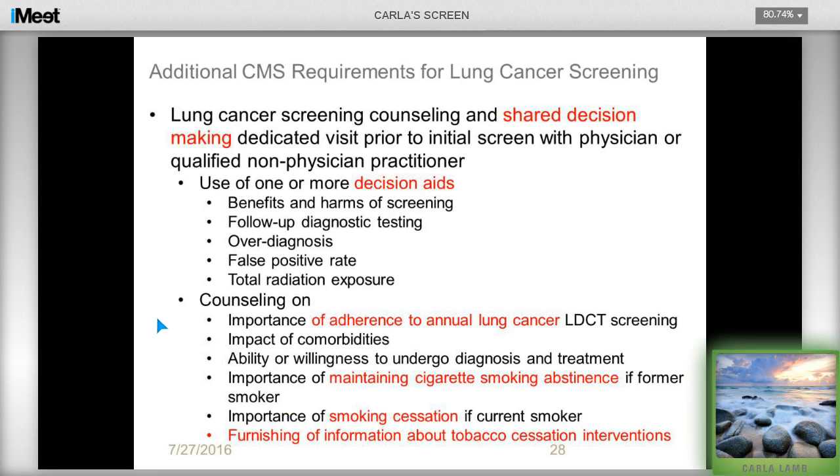Now, this is very important because patients are not going to be happy if you try to screen them and they get a bill for their lung screening scan when it otherwise should have been covered if we had met all the criteria. So let's just take a moment because I think this is probably one of the most practical points in this slide set. Again, shared decision-making by a physician or non-physician practitioner who's trained, use of one or more decision aids, discussing in detail benefits and harms.